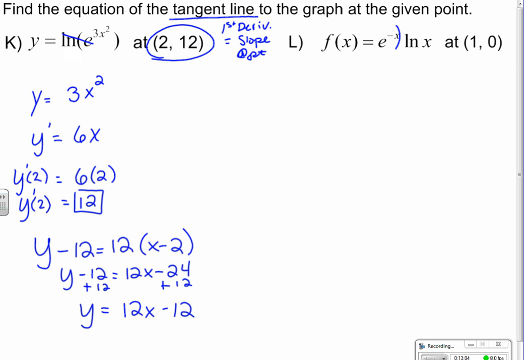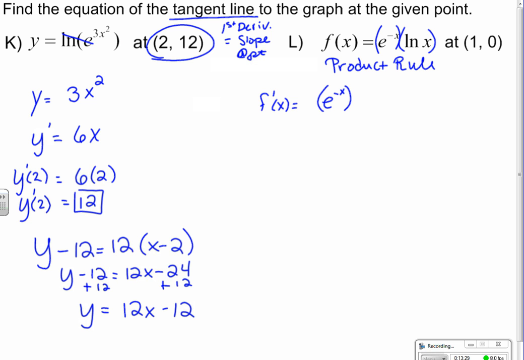I am looking at this and I think I see a product rule coming at us. So let's do product rule to get our derivative. f prime of x will equal derivative of the first. Well, the derivative of e is always itself, and then the chain rule.